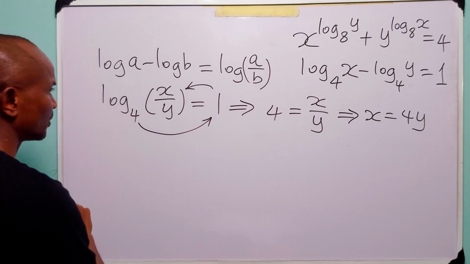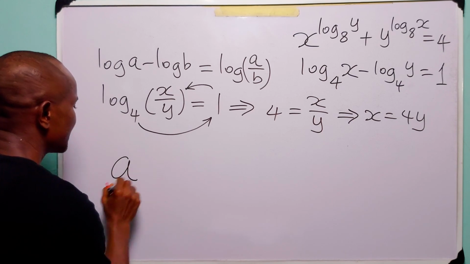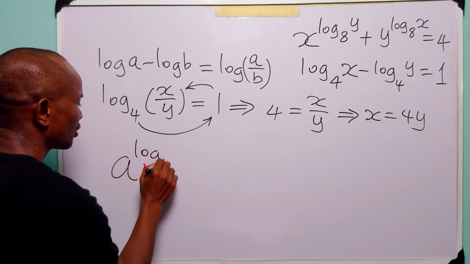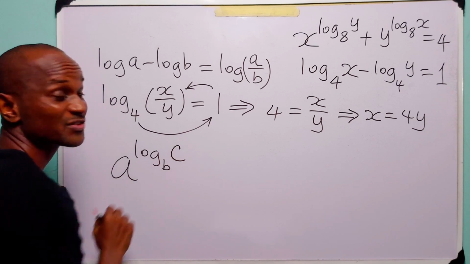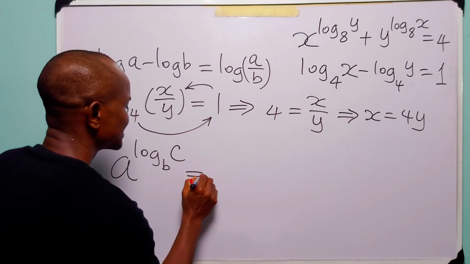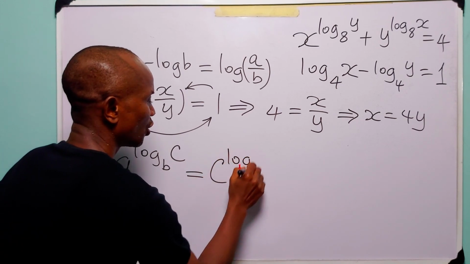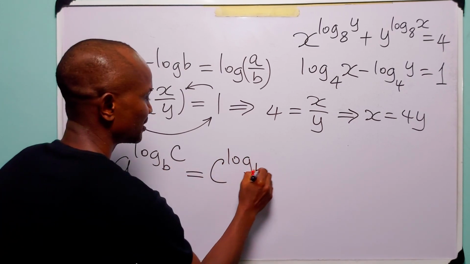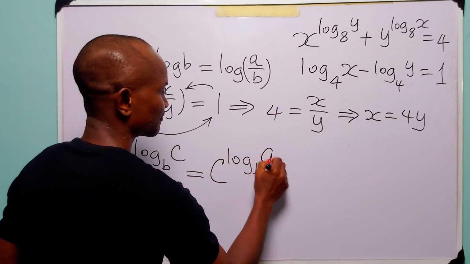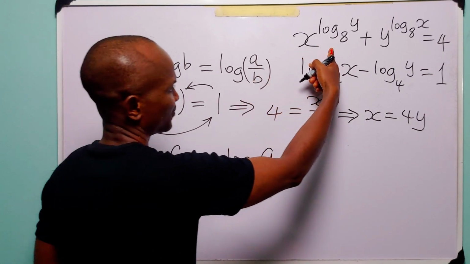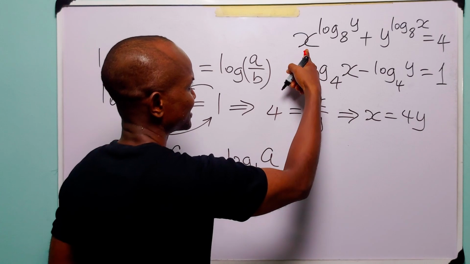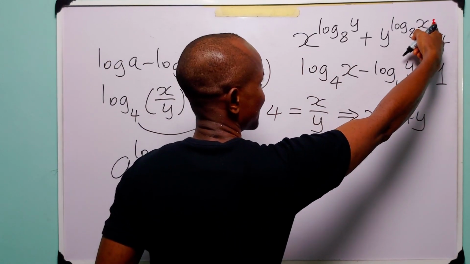Let us also recall that when we have a to the power log to base b of c, this is equal to c to the power log to base b of a. Now look at the first equation. You will see that this is x and this is x.